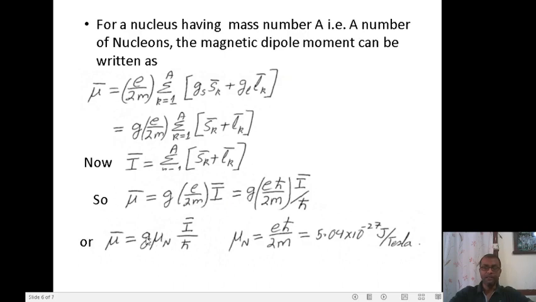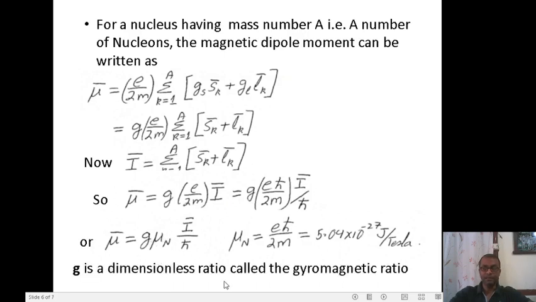So what is g? g is a dimensionless ratio, and it is called the gyromagnetic ratio. It is the ratio of the nuclear magnetic dipole moment of a nucleus expressed in units of nuclear magneton to the nuclear spin in units of h cross. Again, g is a dimensionless ratio called the gyromagnetic ratio.